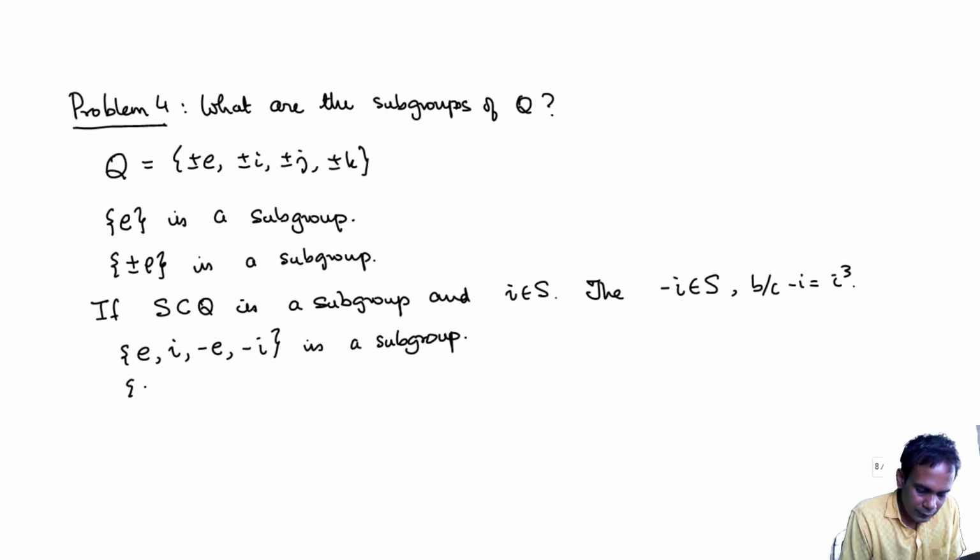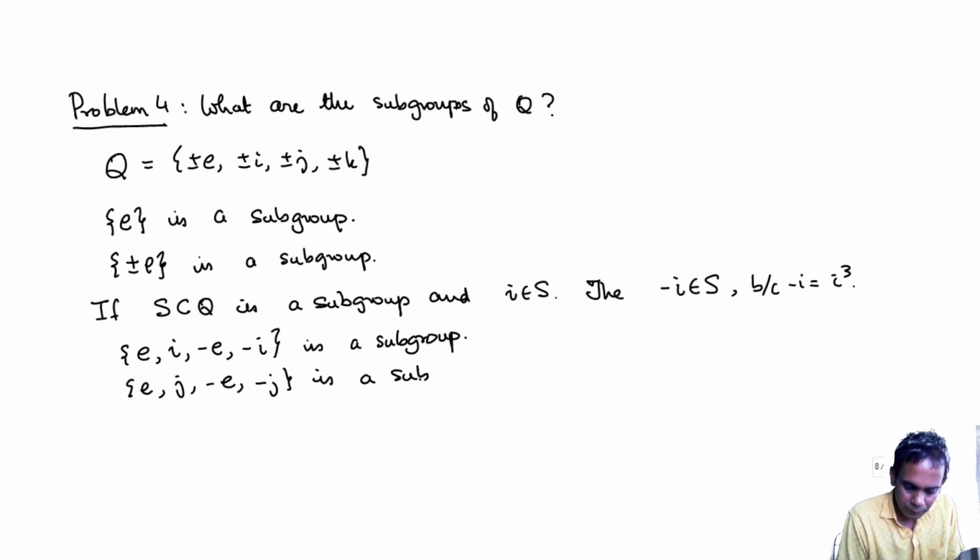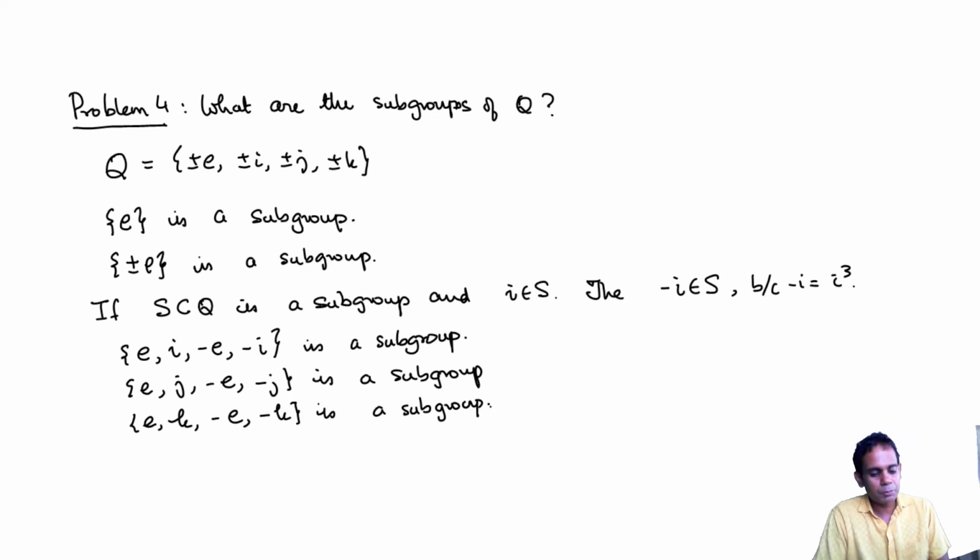Similarly, you have E, J, minus E, minus J is a subgroup, and E, K, minus E, minus K is a subgroup. So we have these three subgroups of order 4 corresponding to the elements I, J and K of the quaternions.